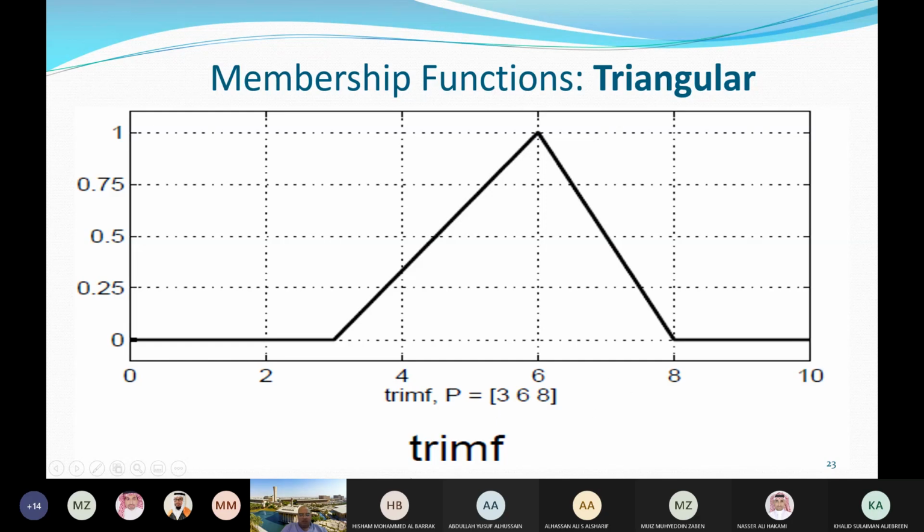So when you define it in MATLAB, you put the initial value, the median value, which is the maximum, 1, and the end value. You define this function by these 3 parameters. And this is the name in MATLAB.